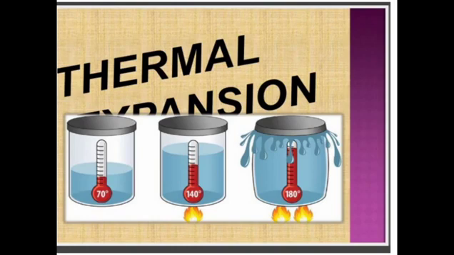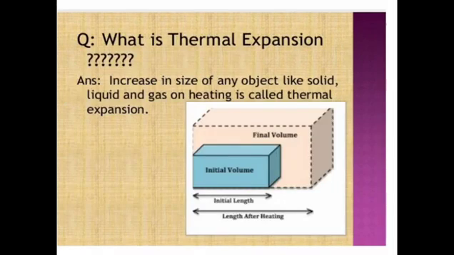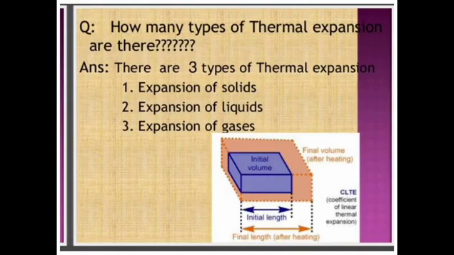As we learned previously, in thermal expansion a substance expands due to heat energy. Now, what is thermal expansion? Increase in size of any object, like solid, liquid and gas, on heating is called thermal expansion.